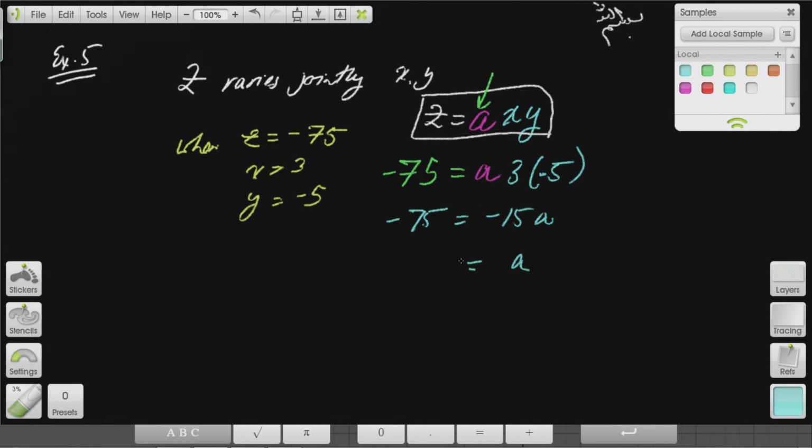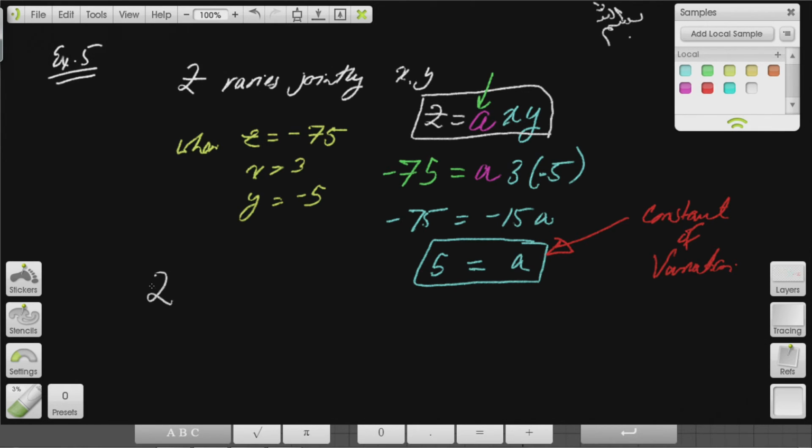A then equals negative 75 divided by negative 15, which is 5. Now we know the constant of variation, and we know the real equation: z equals 5 times x times y.